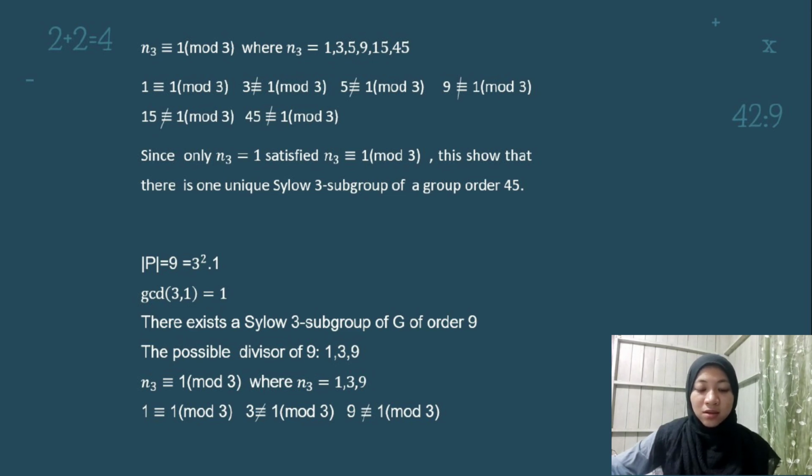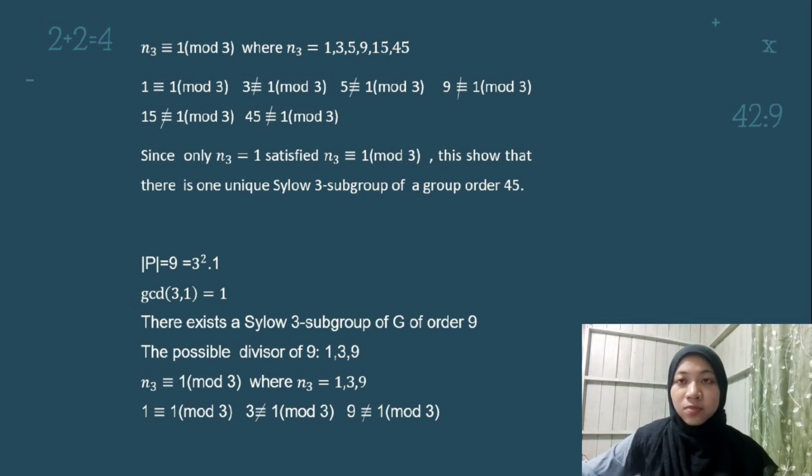Next, we let the order of the group be 9, where 3 to the power of 2 multiplied by 1 gives 9. So the GCD of 3 and 1 is equal to 1. There exists a Sylow 3-subgroup of G of order 9. As I said before, a Sylow 3-subgroup comes from the highest power. The highest power is 2, but the prime is 3.